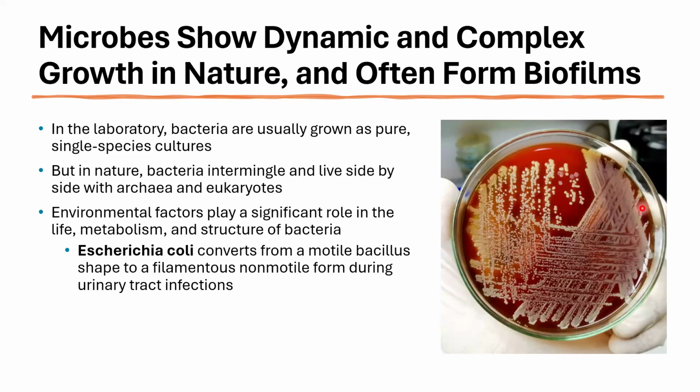They're fecal bacteria. And so if E. coli gets into the urinary tract, it's very likely to cause an infection. And what's interesting about it is that they don't look like these cute little swimming bacteria anymore. They grow into these really long filamentous rods when they're in that urinary tract.